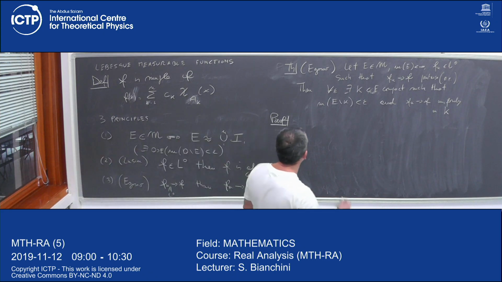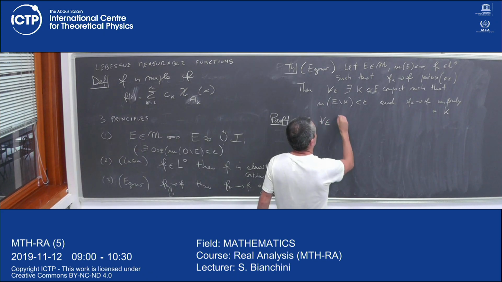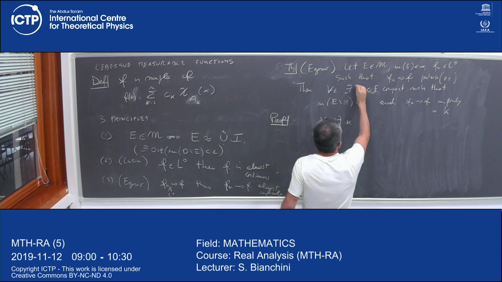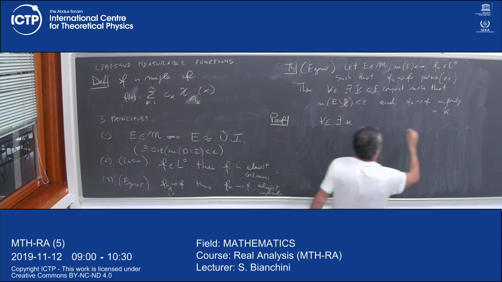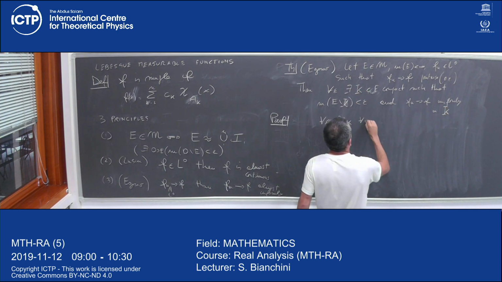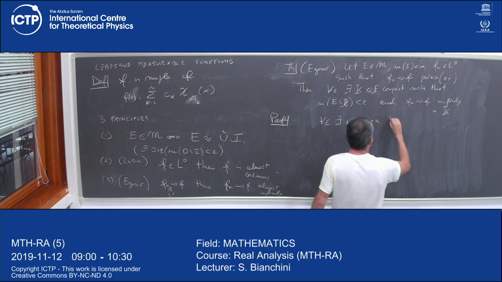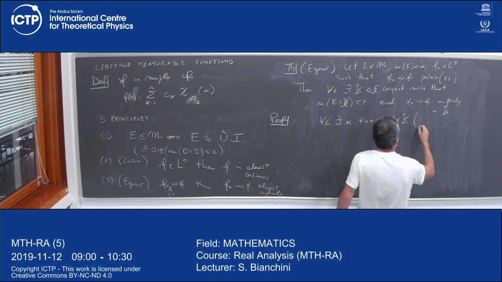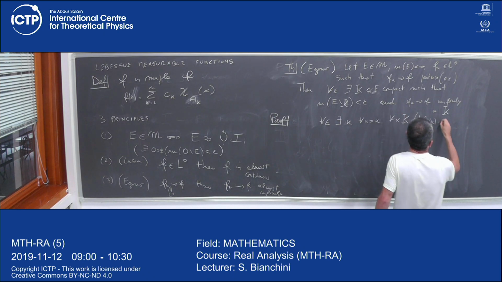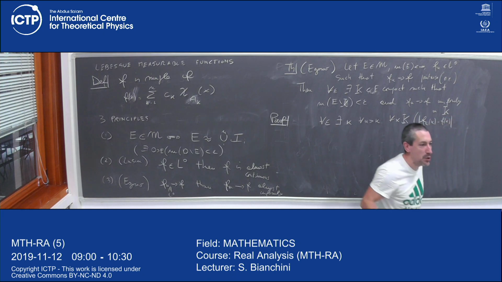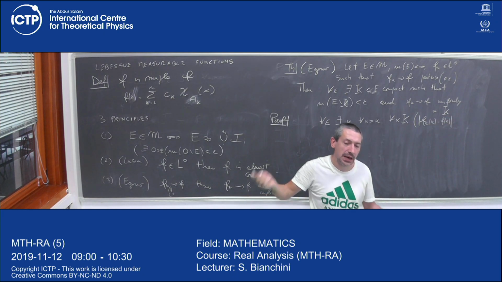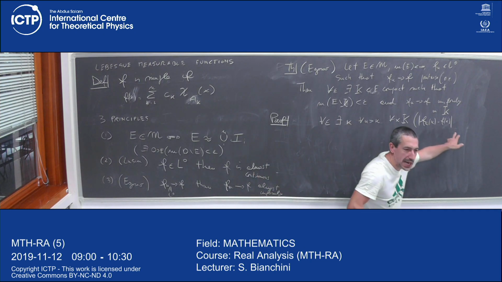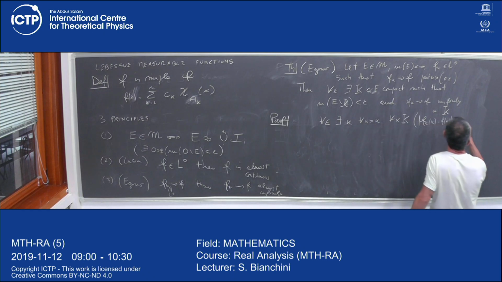So the uniform convergence means that for all epsilon, there exists k, not capital K like this one, sorry, such that for all n larger than k, and for all x in the set that I need to consider here, Fn of x minus f of x is less than epsilon. Now I have no trouble because I assume the limit exists and I know it's measurable. So when I write the condition, I get measurable sets.